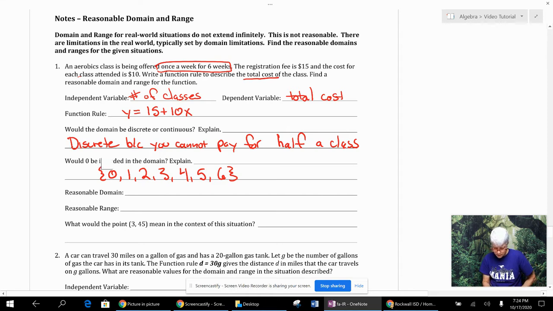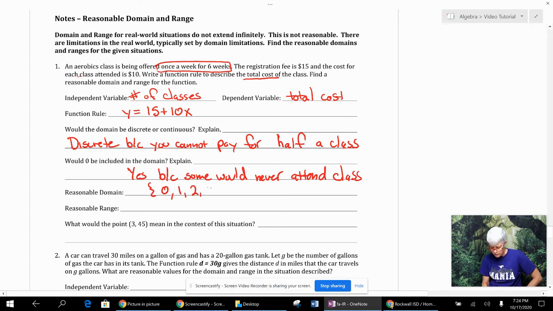Let me go ahead and erase that. Would zero be included? And I would say yes, because some would never attend class. So now reasonable domain, it's going to start with zero. One class, two classes, 3, 4, 5, and 6.